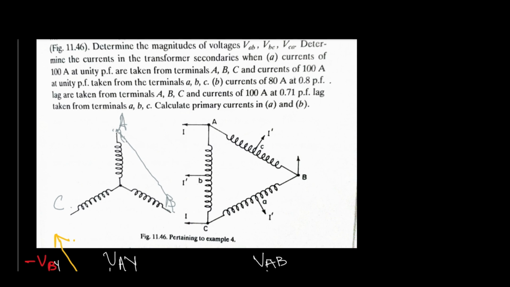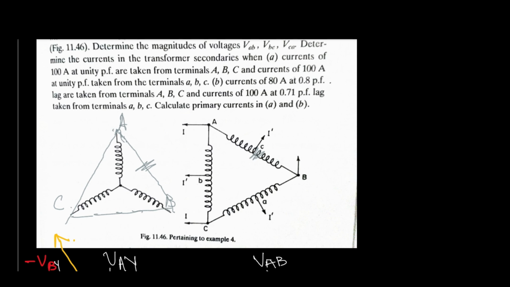If we form a fictitious delta winding by connecting these 3 points, then this one and this one should have identical voltage.